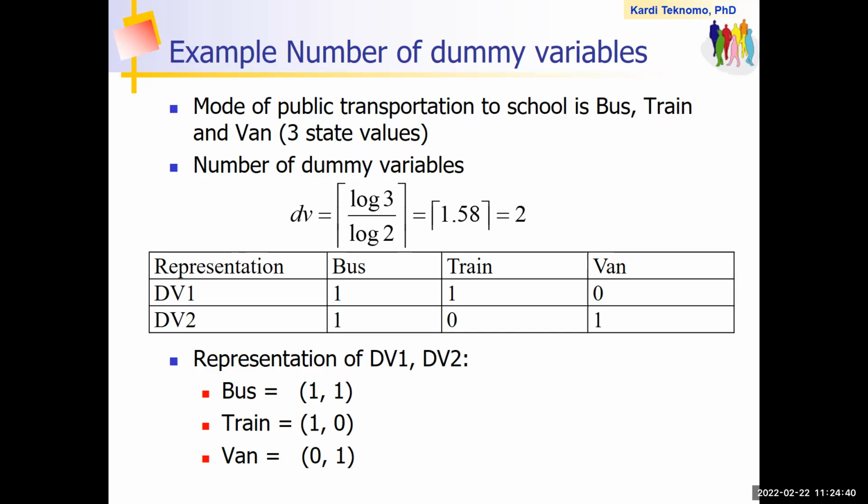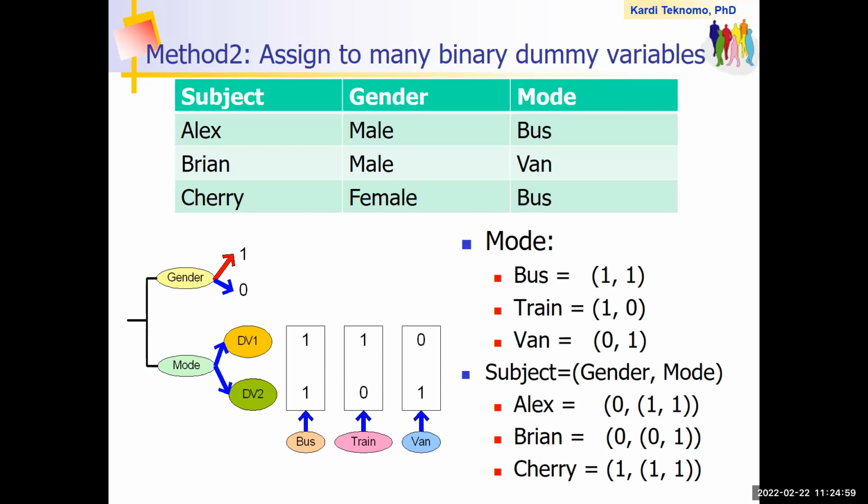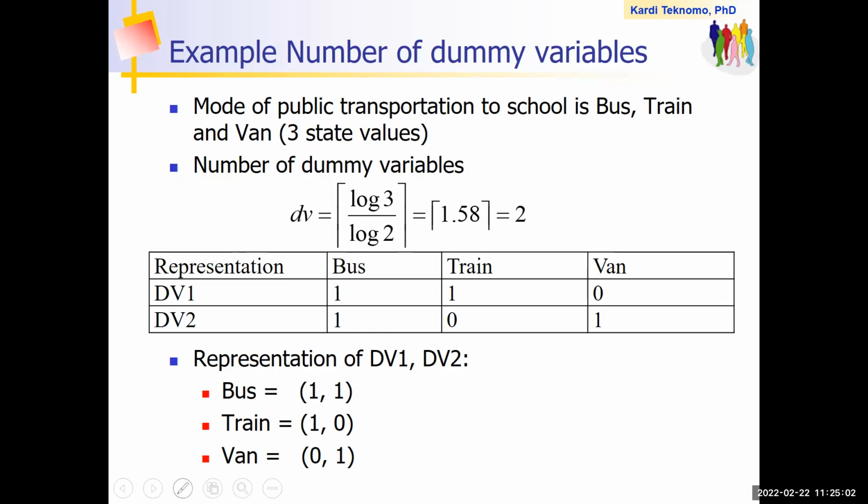So you can represent any coordinate of its value here. The result of the dummy variable must be rounded up. This is the number of dummy variables, dv here. For example, if you have 5 colors, how many dummy variables will you use? 5 colors.